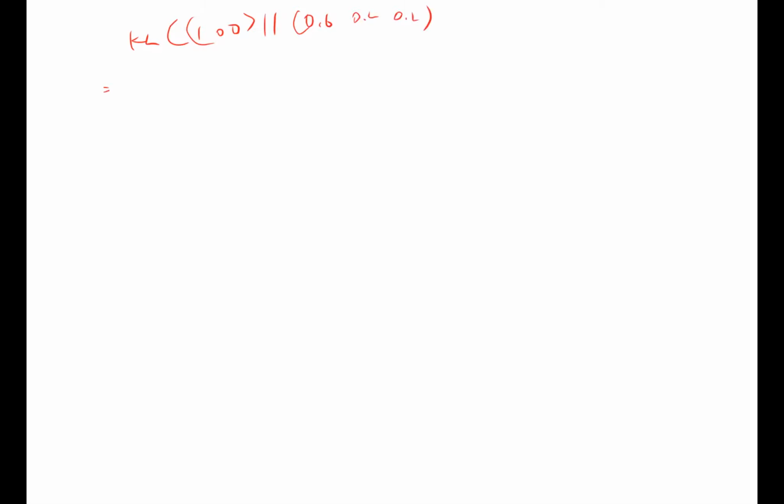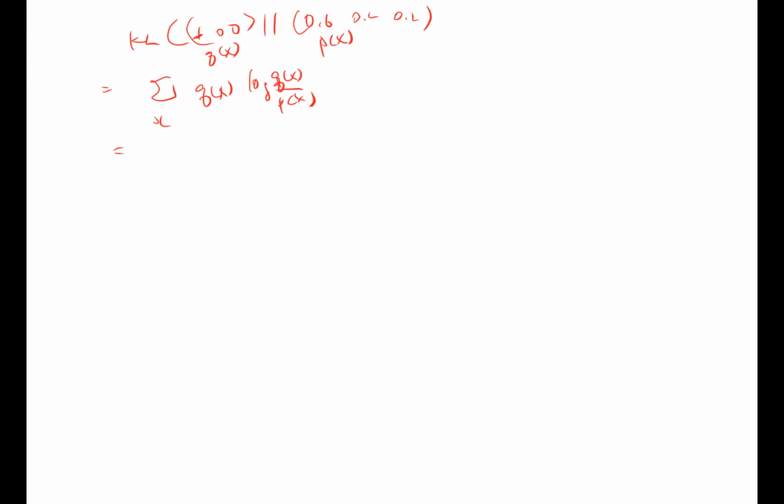So it'd be the sum over x of Qx log Qx over Px, where Q is the ground truth here. But actually only one x is non-zero, right? So it's just equal to the first one, the cat one.